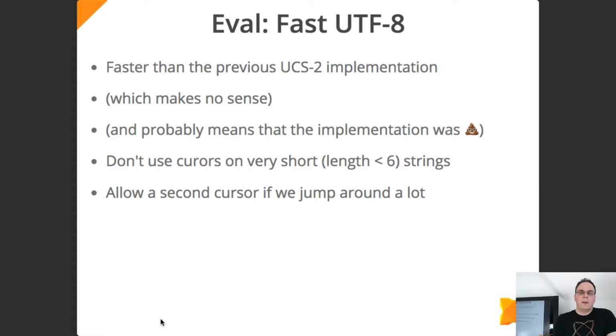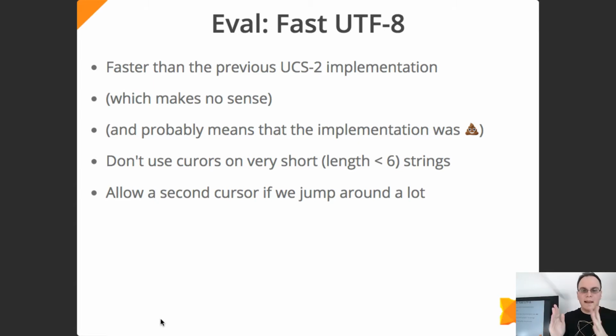On the other hand, we allow adding a second cursor if we jump around in the string a lot. That can happen if you operate on the string from both ends. So if you have the beginning and the end, and they kind of move towards each other. That wouldn't really work with just one cursor, because you would always go from the beginning and then jump to the end and back to the beginning and back to the end.